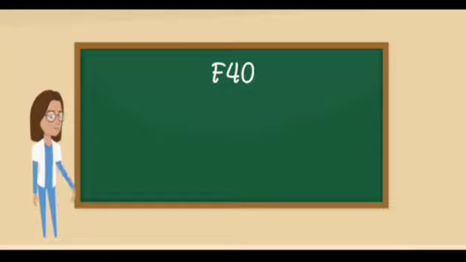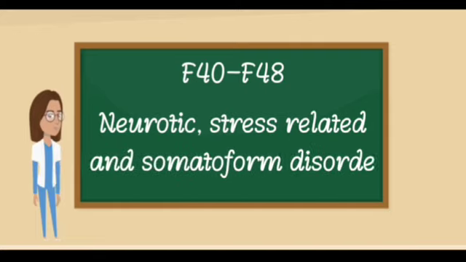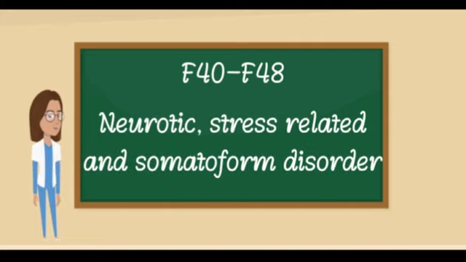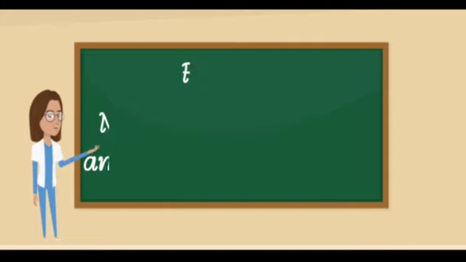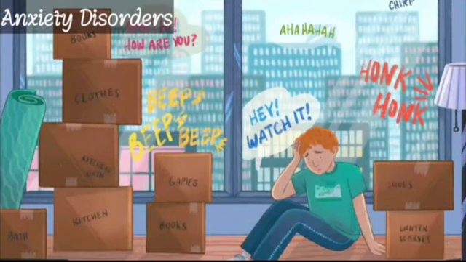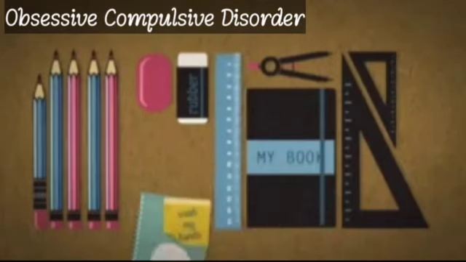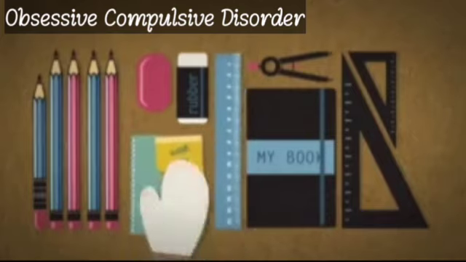Then there is F40 to F48. It constitutes neurotic, stress-related, and somatoform disorders. It has phobia, panic, and generalized anxiety disorders. Apart from that, obsessive-compulsive disorder also comes under this classification.